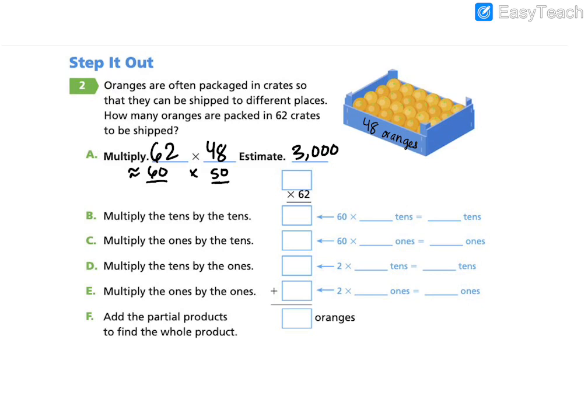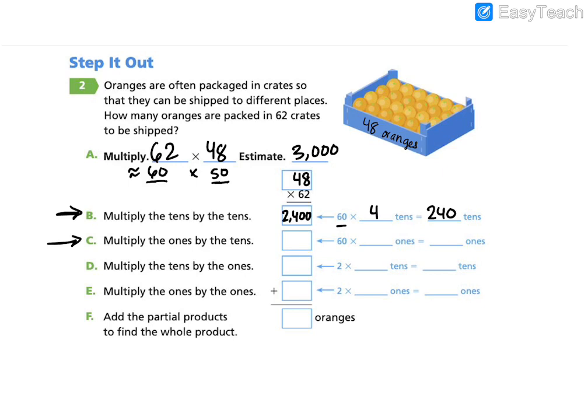All right, so let's go ahead and multiply now. Great, so we're going to put our second factor of 48. First, we're going to start by multiplying our tens times tens. So we have 4 tens times 6 tens. So 60 times 4 tens is equal to 240 tens, 240 tens is equal to 2,400.